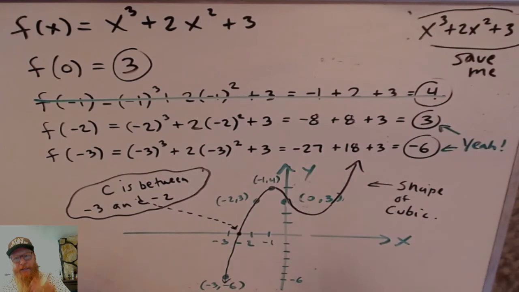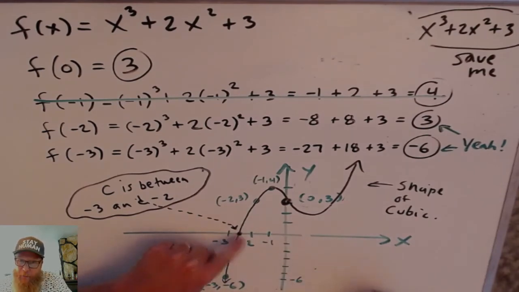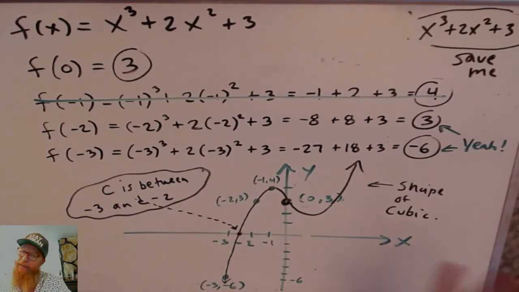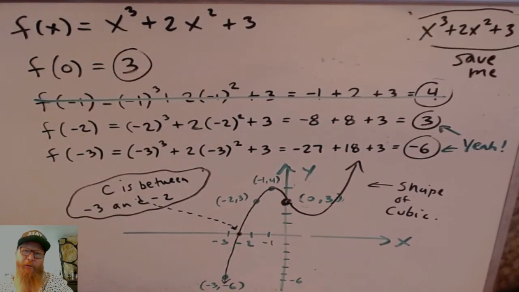So this is the graph of the function. We know the y-intercept. We don't precisely know the x-intercept, but we know somewhere in between -3 and -2, it must have an x-intercept. That's the best you can do with a graph that's not factorable, or at least a graph like this that might be very difficult to factor.